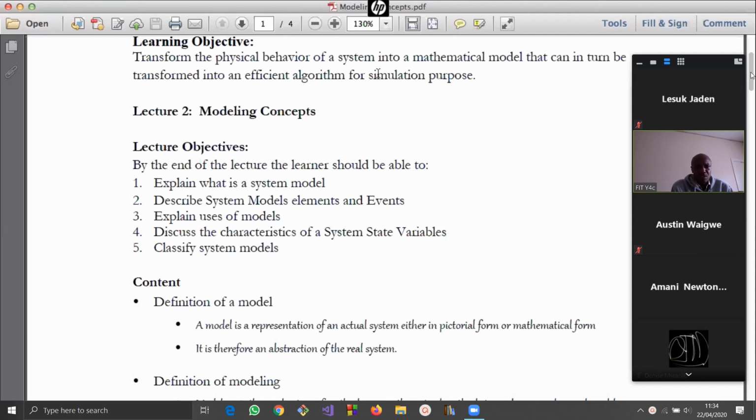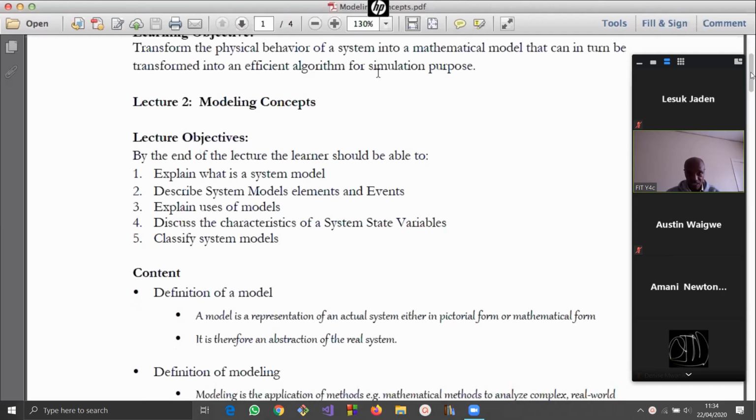We'll also explain the uses of models and look at the characteristics of our system state variables. The most important is not only looking at these characteristics, but seeing those characteristics in a model. And we'll try to classify system models, and then later on look at those models that we have classified.